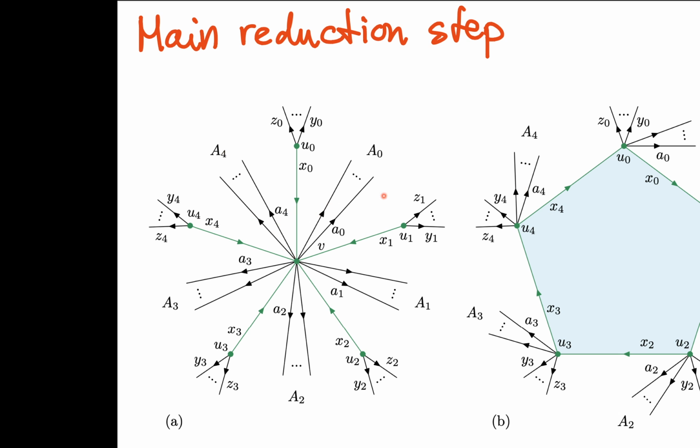So, for example, the block of the vertices of the same degree. So here are the vertices of the same degree as V, is just slided along in the counterclockwise direction. So A0 is slided to U0, A1 is slided to U1, and so on.